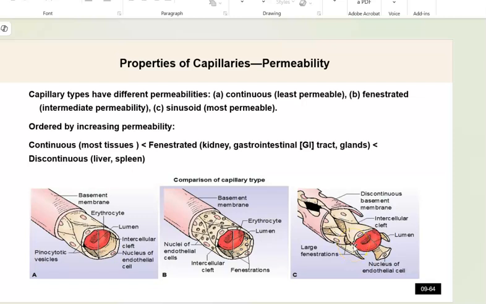And we have these here, and these have the sinusoids, which are modified capillaries with large gaps between them, and they have a discontinuous basement membrane, so they allow the passage of the large proteins and even cells across their capillary walls.